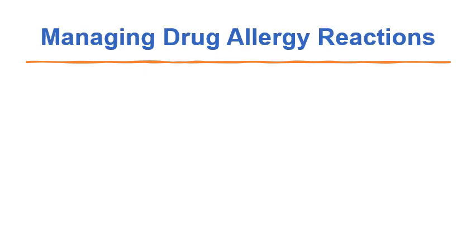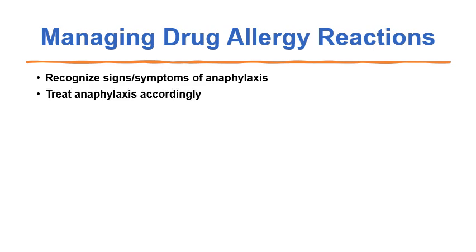So managing drug allergy reactions, because this could be something that in the sports medicine setting you may run into. If a patient has just started to take a drug, you may experience somebody having this. So the first thing is to recognize the signs and symptoms of anaphylaxis. In acute onset, know how to treat and manage that, and treat anaphylaxis accordingly.